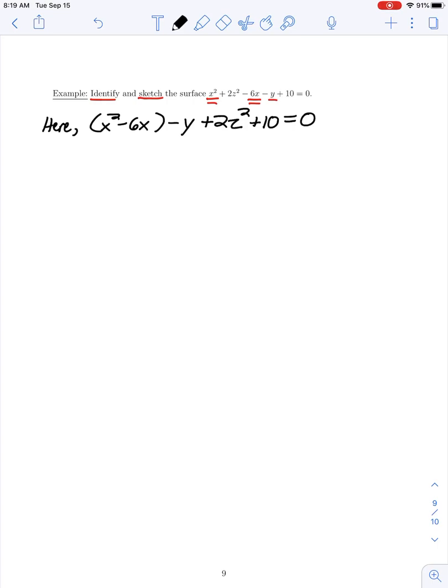Well, I can take this quadratic involving x and complete the square. So if I complete the square in this quadratic, I would have x squared minus 6x, and I would have to add 9 here to complete the square. Then I would have my minus y plus 2z squared plus 10 is equal to.